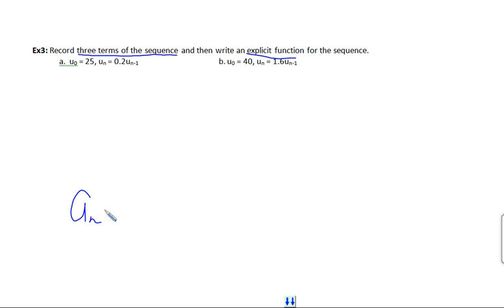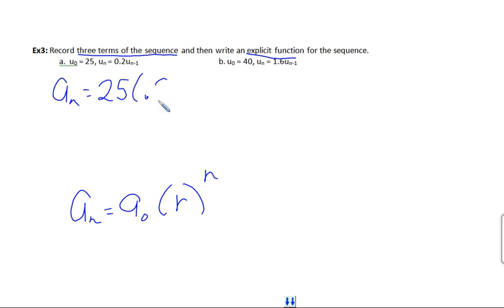A sub n equals, remember, explicit is the one that you can just plug in a number and get your answer. You are going to do your initial value times your ratio to the n. Oh look, there's my initial value. Oh look, there's my common ratio to the n, and boom, you're done.